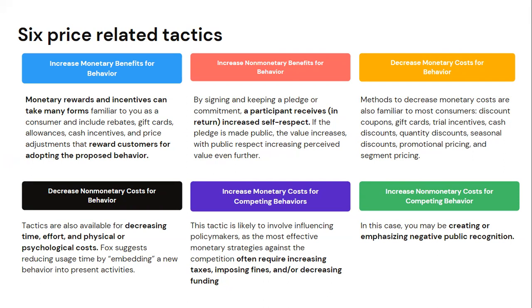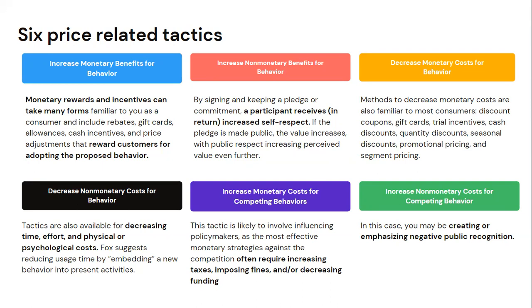So by signing and keeping a pledge or commitment, a participant receives increased self-respect. And it is also said that if the recognition is made public, the value increases, with public respect increasing perceived value even further. Third is the decrease of monetary cost for the desired behavior.